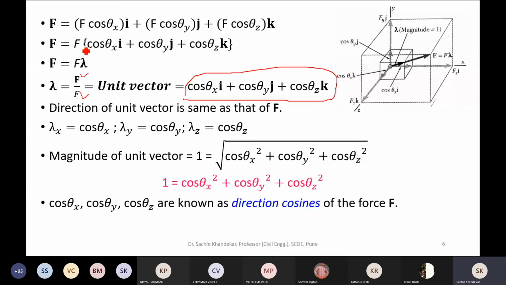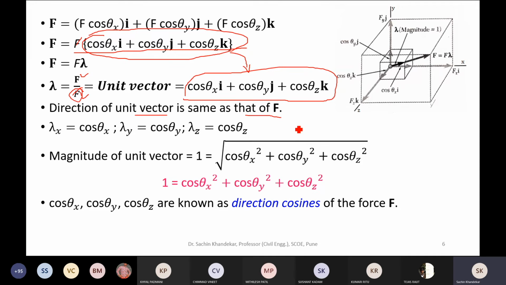So if I divide this expression by its magnitude, then this F gets cancelled, and hence you will get only this quantity, which is written here. So the expression for the unit vector is cos theta x i plus cos theta y j plus cos theta z k, and of course the direction of this unit vector is the same as that of the given force vector F, right?